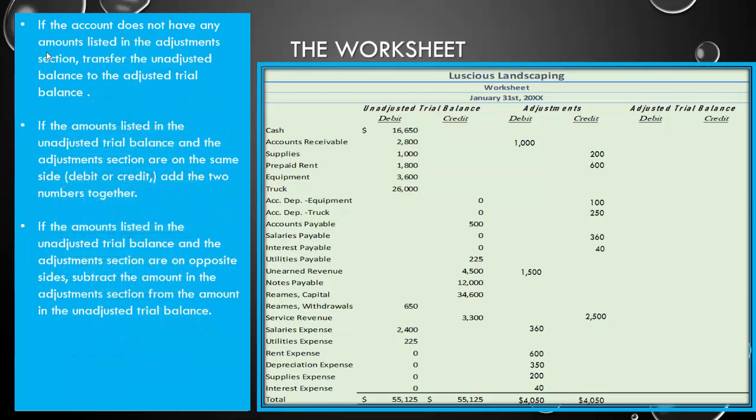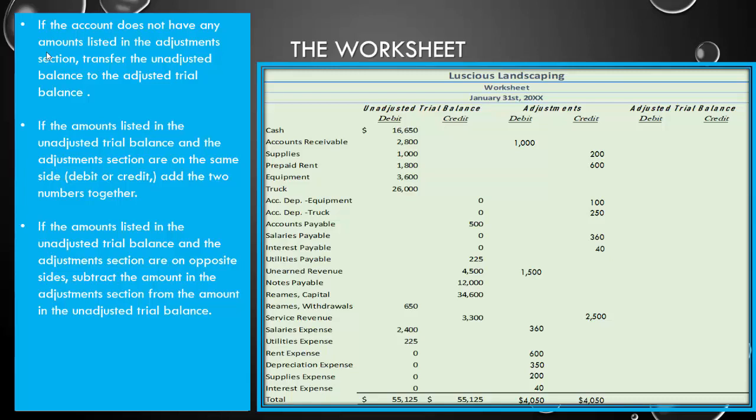And to do that, let's follow these simple principles. If an account does not have an amount listed in the adjustment section, you can simply take the unadjusted balance and move it over to the adjusted balance. If an account is listed in the adjusted trial balance and the adjustment section on the same side, we can add it together.